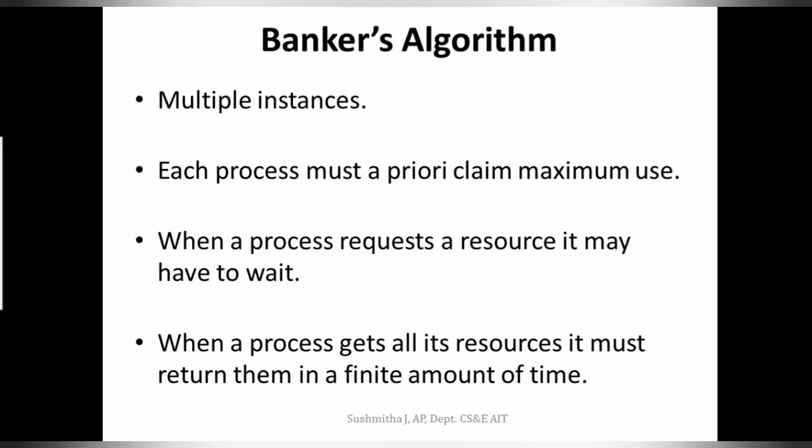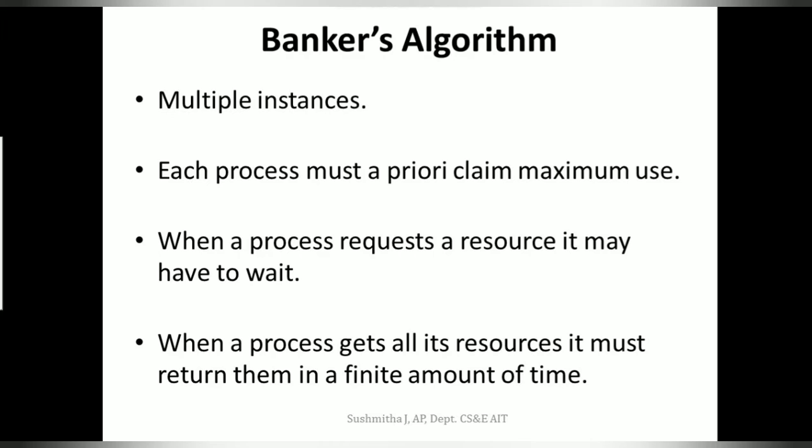I have already described it many times: what is the resource type and what is the instance of the resource type? The previous algorithm that we saw, the resource allocation graph algorithm, was designed only for a single instance of the resource.